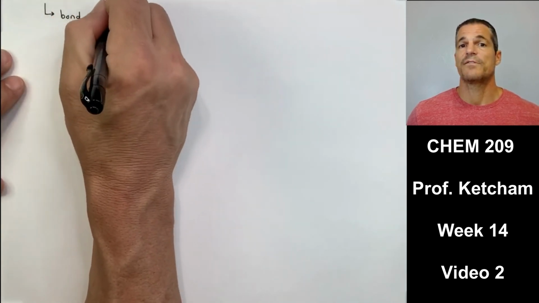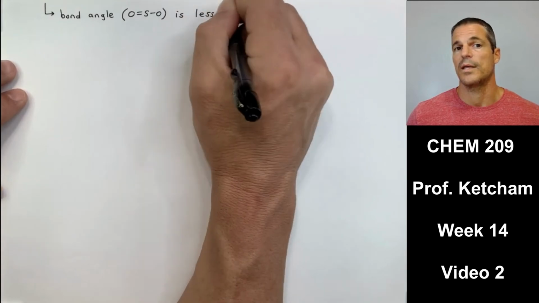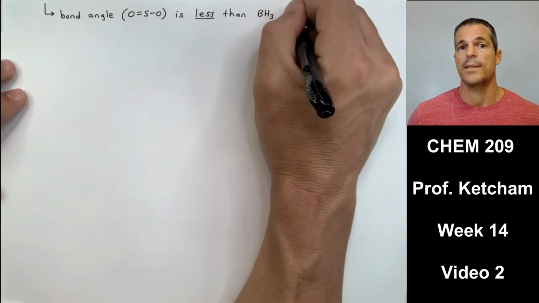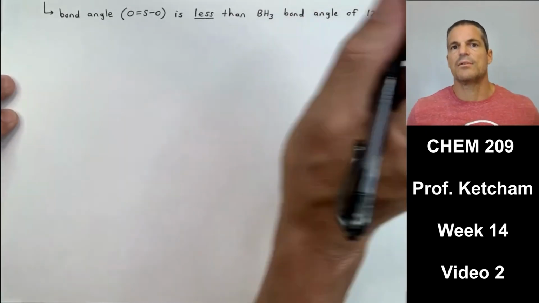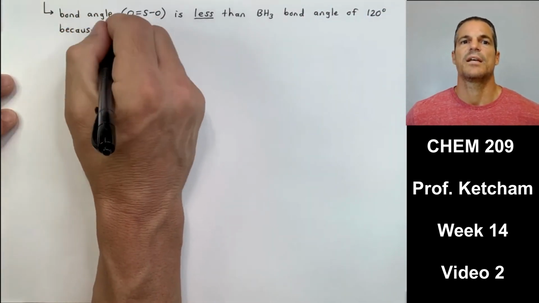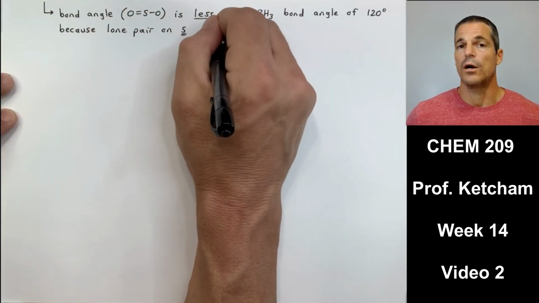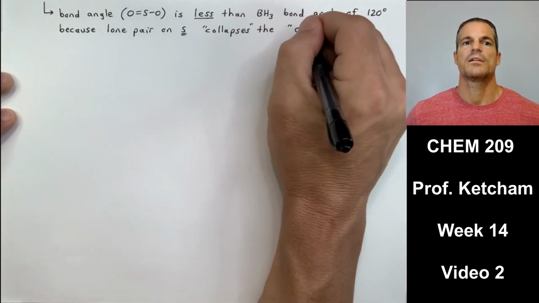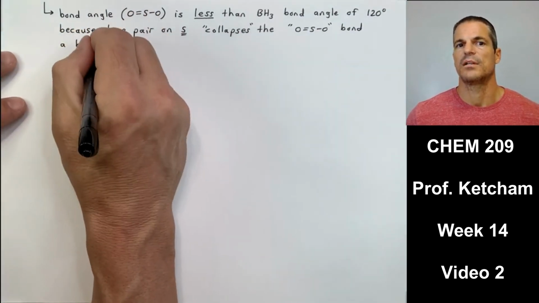All right, so the bond angle for that one: well, BH3 was 120. The bond angle for this molecule is less than BH3's 120 because we have that lone pair up there collapsing down my 120-degree bond angle. So the bond angle for OSO is less than the BH3 bond angle of 120 because the lone pair on sulfur collapses the OSO bond a little bit.